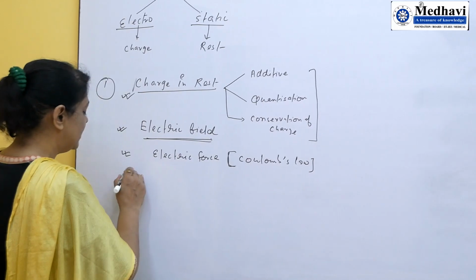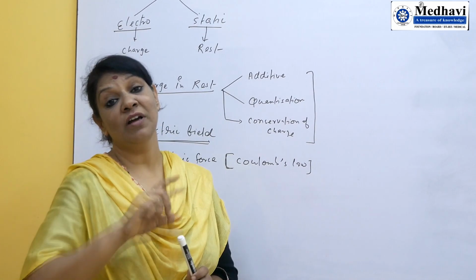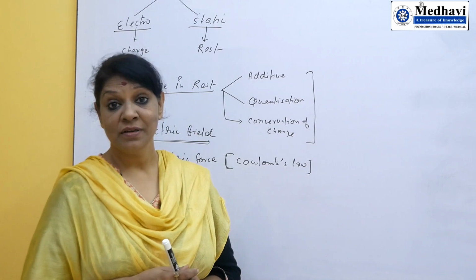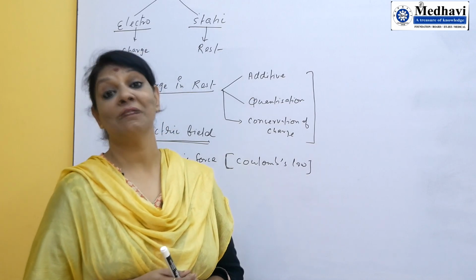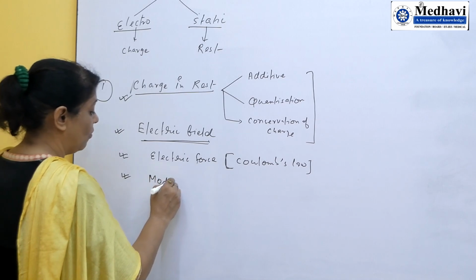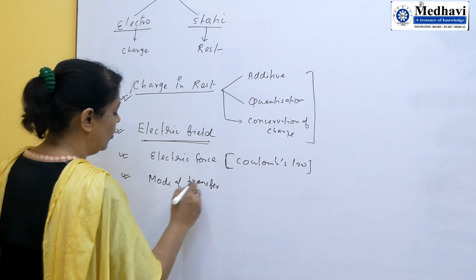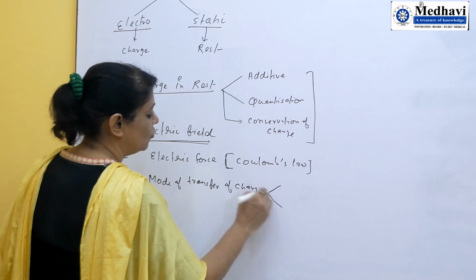After that, we need to study how can we transfer charge from one body to another body? Charge at rest, it's okay. But if we bring another body near to it, what will happen? So here, we need to study the transfer of charge, or you can say the mode of transfer of charges, and there are two modes.